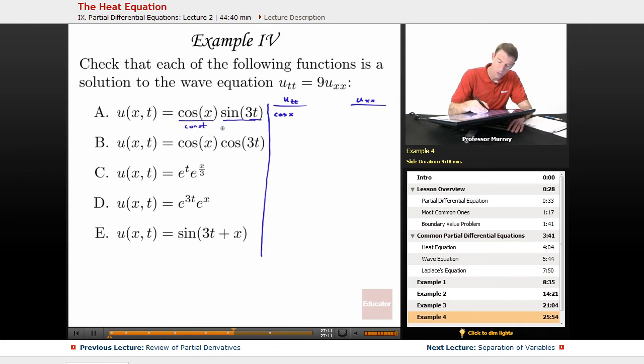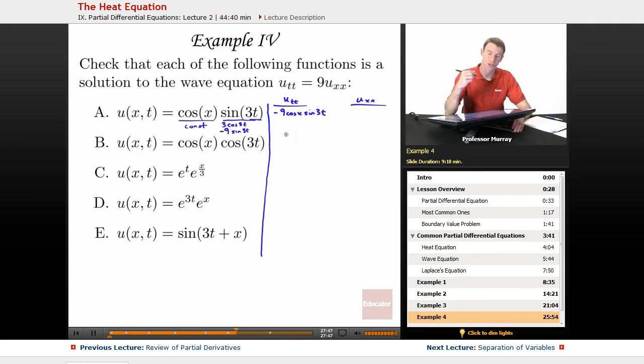The first derivative of sine is cosine of 3t, and then we multiply on a 3 by the chain rule. That's the first derivative. And then the second derivative would be negative sine of 3t, and we multiply on another 3. So we end up getting negative 9 there. And so u sub tt would be negative 9 cosine x times sine of 3t.